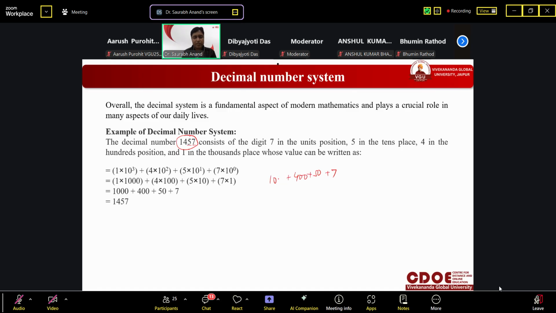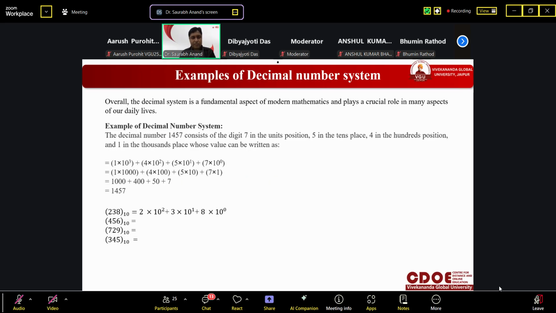If you add them again, you will get the same number, 1457. Clear? Got it? So it's very easy for you. This is the same thing. You can do it.